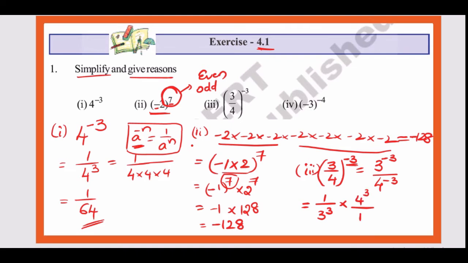So it becomes the reciprocal. From this, I can say 4 cube divided by 3 cube. Already you know the value of 4 cube, which is 64, divided by 3 cube, which is 27, right?